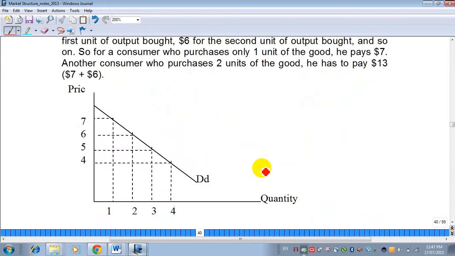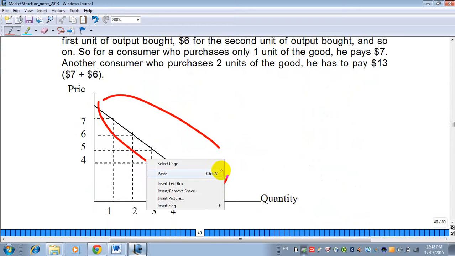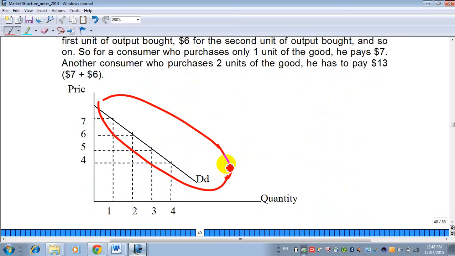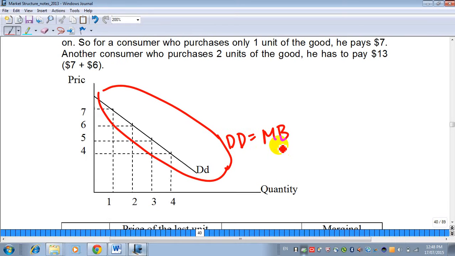Now, I'm going to recap on what I've gone through with you on how the shape of the demand curve is derived. Now, demand is equal to marginal benefits. It represents the marginal benefits. Do you remember my chocolate cake example? For the first unit of chocolate cake, you derive a very high level of benefits from that first unit, that 1 unit of chocolate cake.